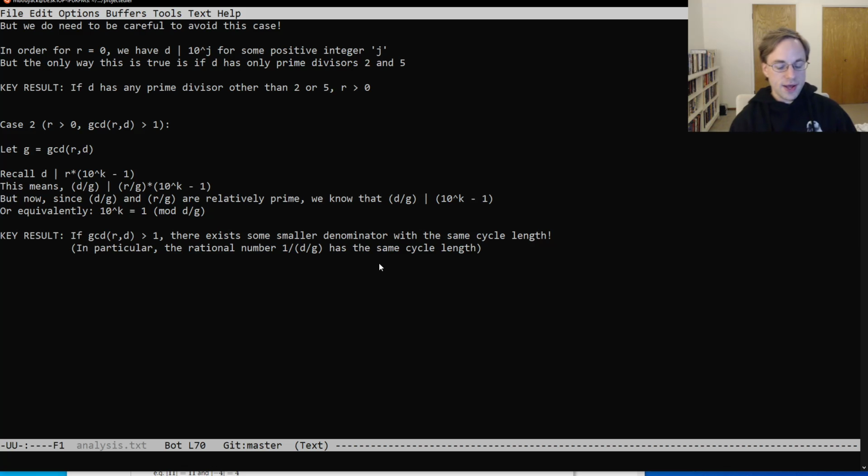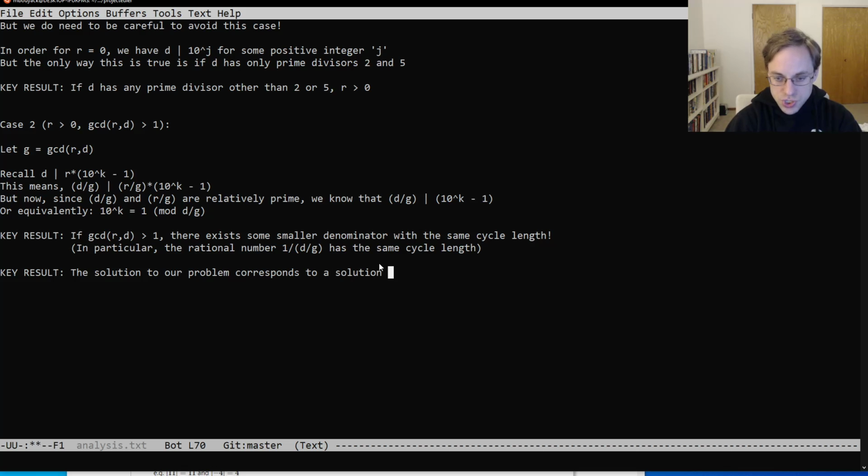Okay, so this allows us to make the key conclusion from this section. Key result: the solution to our problem corresponds to a solution to 10 to the k congruent to 1 mod d.